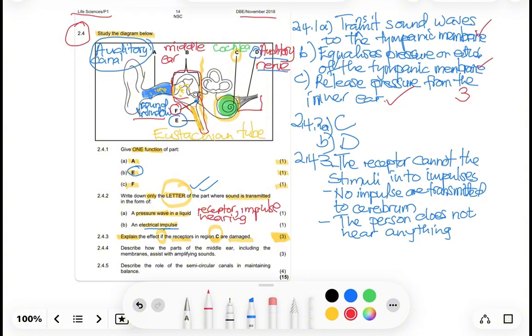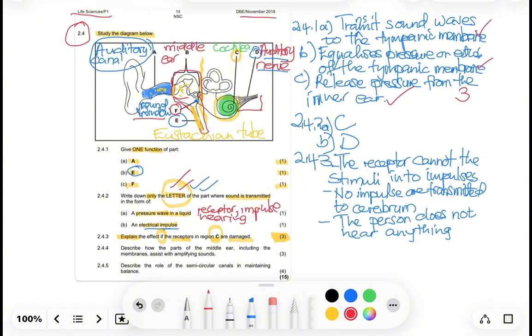We move on to question 4.2. The examiner is asking for the letter only. So we are going to credit the letter only. Here, if you write the name of the structure or the name of the part of the ear that matches the function that we are given here, you wouldn't get the marks, because the examiner is asking for the letter.